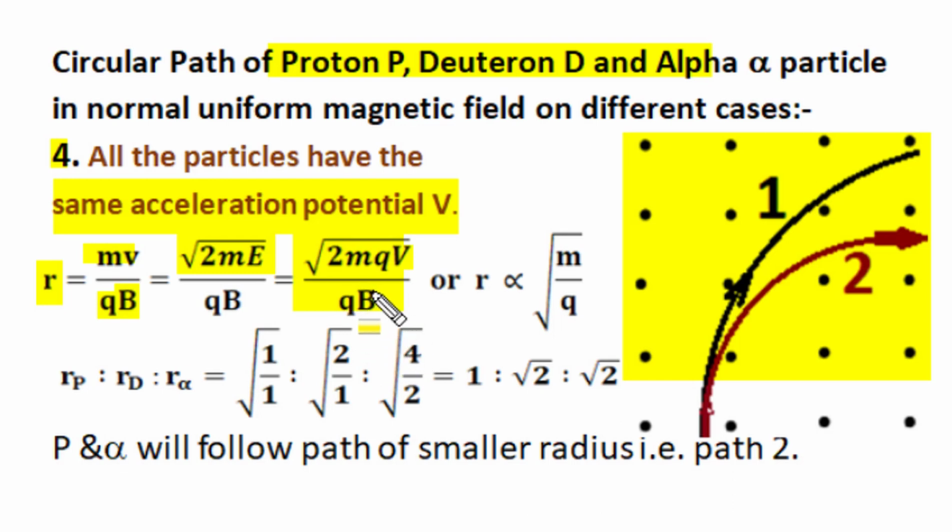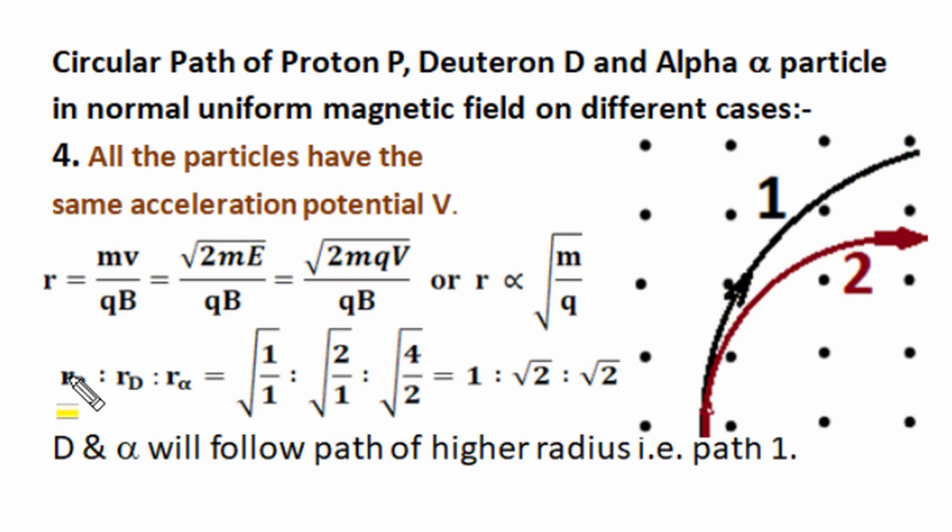Then for the same magnetic field and same accelerating potential, the radius of the circular path becomes proportional to root of the ratio of mass to charge. For the three particles proton, neutron and alpha, proton has 1 unit mass and 1 unit charge, neutron has 2 unit mass and 1 unit charge, and alpha has 4 unit mass and 2 unit charge, and this ratio is simplified as root 2.